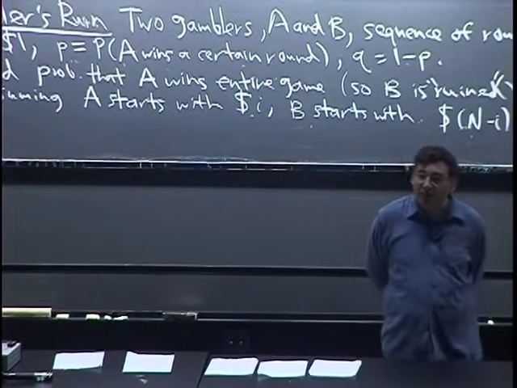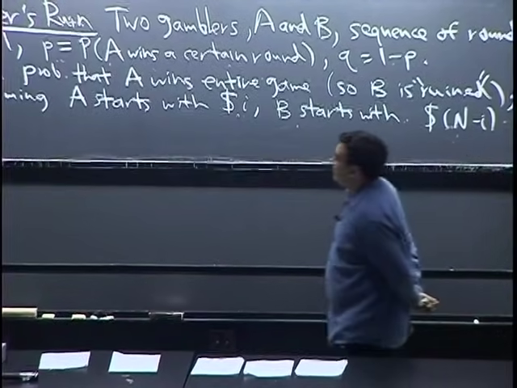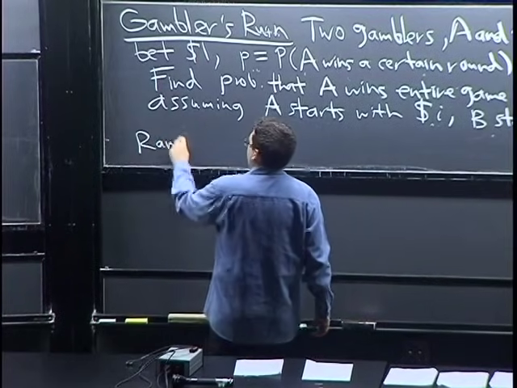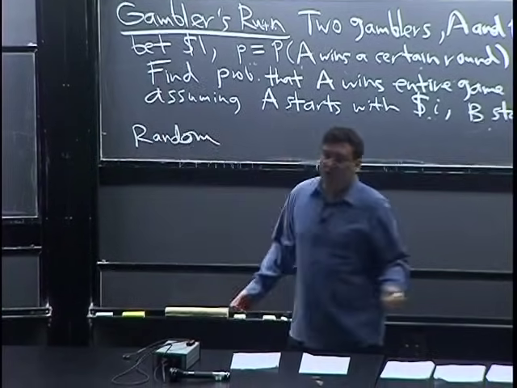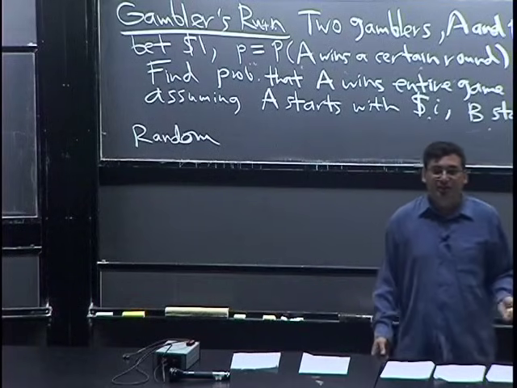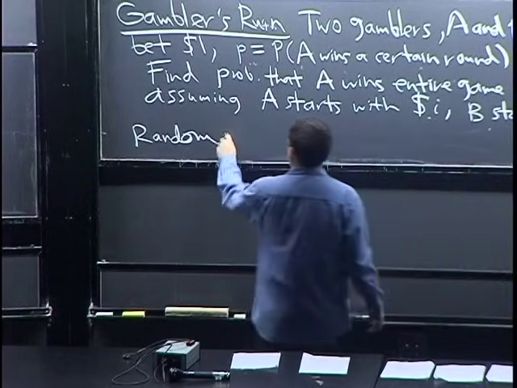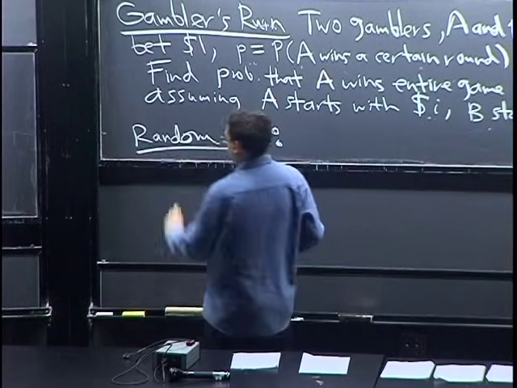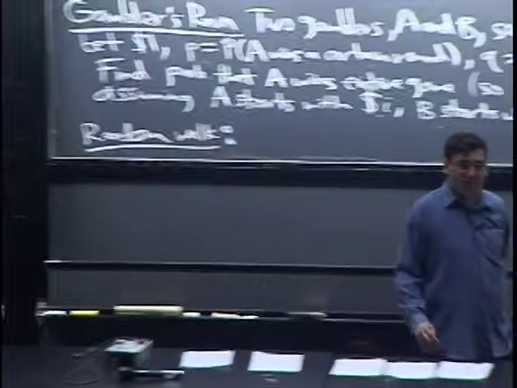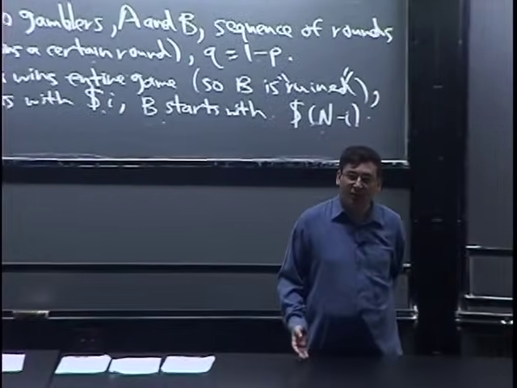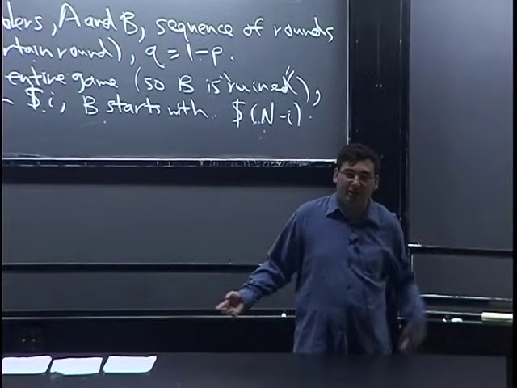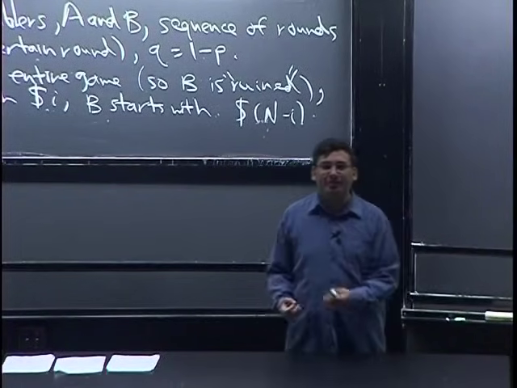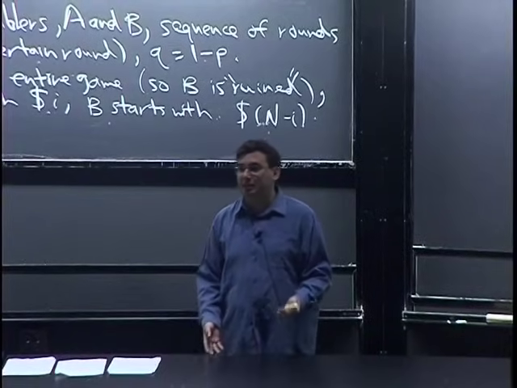Another way to think of this problem is as a random walk, which is another thing that comes up all over the place in finance, in physics, and elsewhere. So one of the most important things in this course is being able to recognize patterns, right? So we may see problems later that are really a gambler's ruin. It's not phrased in terms of two gamblers, A and B, but the problem has the same structure.